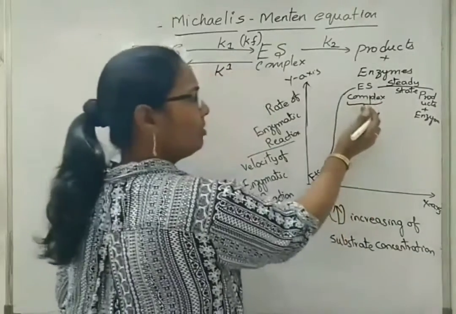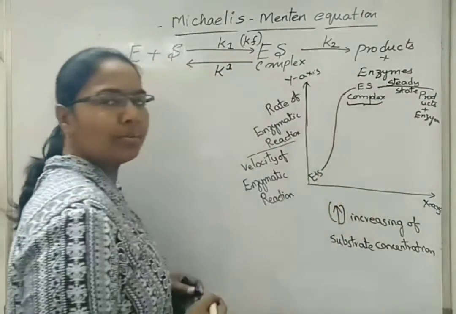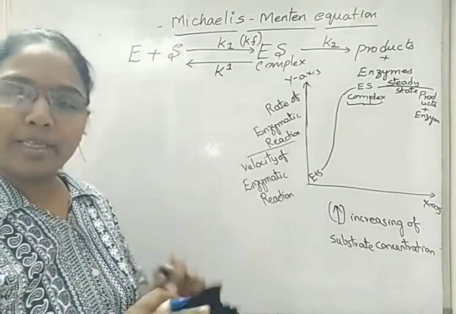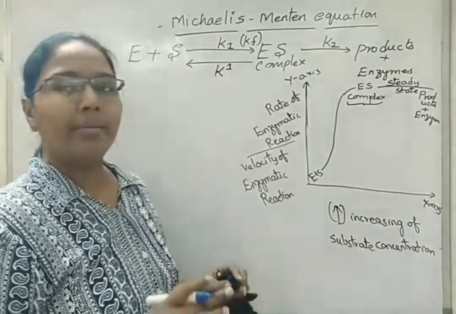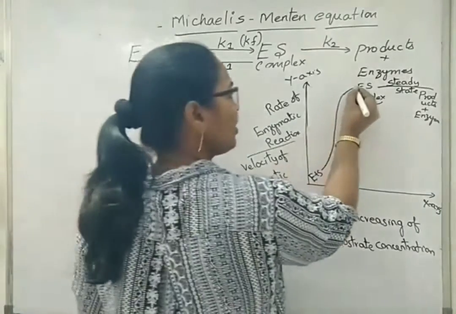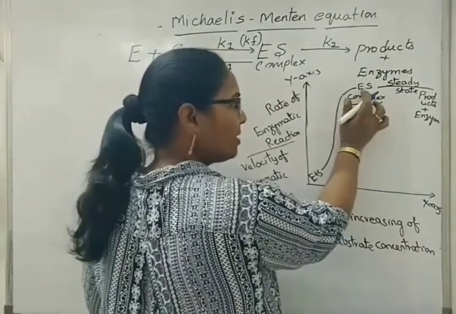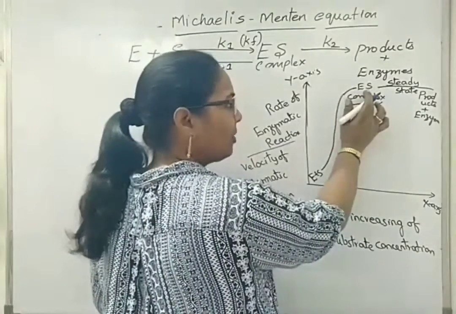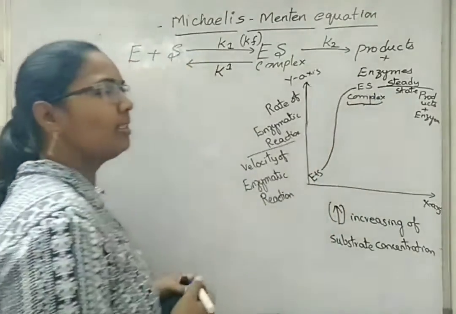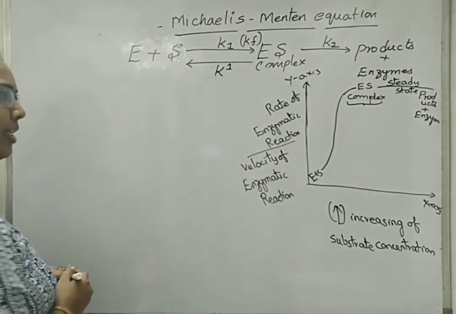There is a lot to discuss about this enzyme substrate complex. This is the point where enzymes have been completely occupied by the substrates at the enzymes' active sites. This also indicates the place where the enzyme substrate complex has formed, where the enzyme has reached its maximum velocity in the reaction.